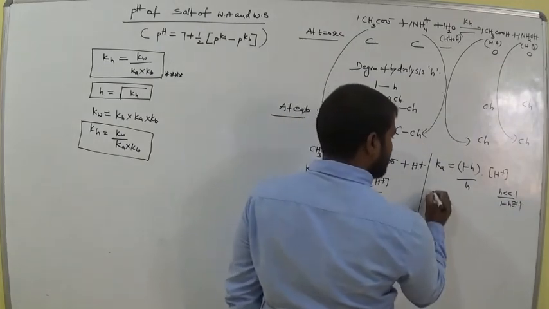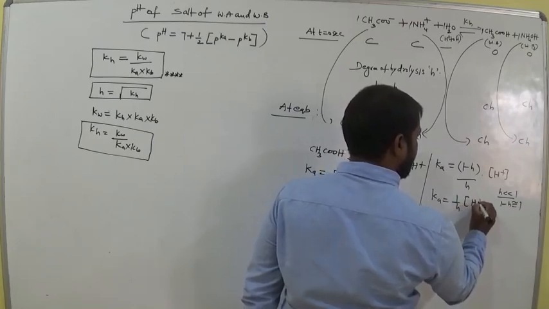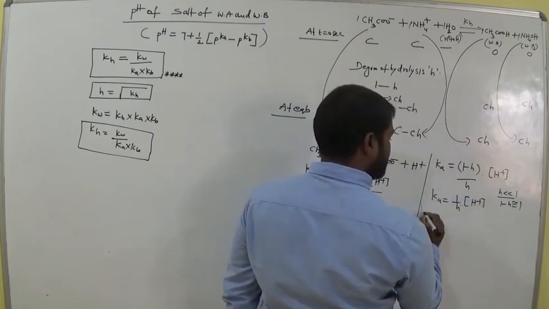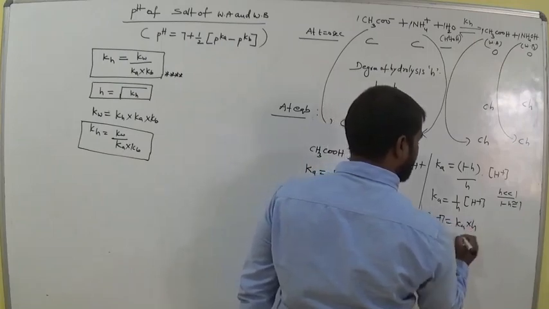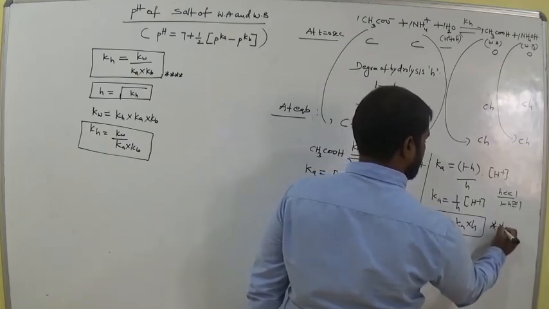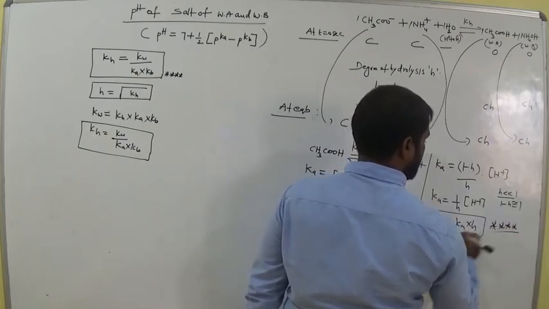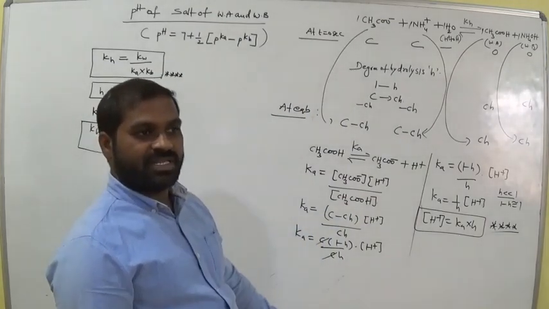So Ka equals 1 by h into H plus. From this, H plus equals Ka into h. Clear? Everyone?